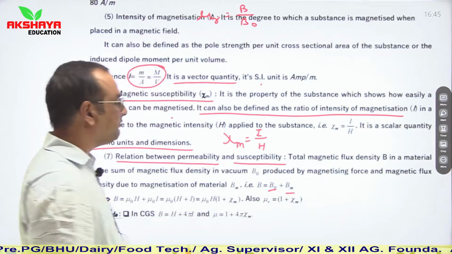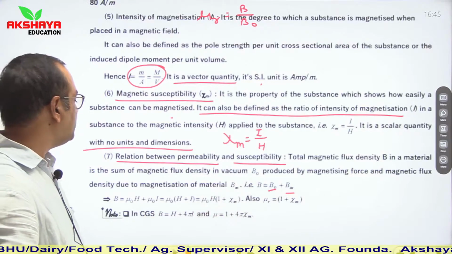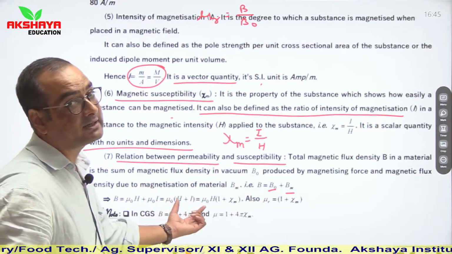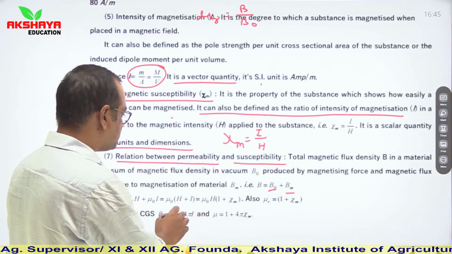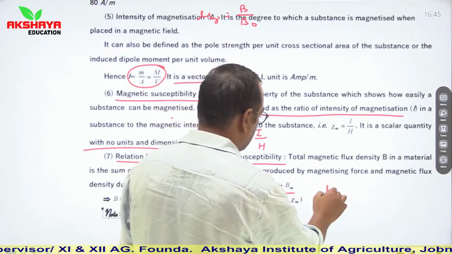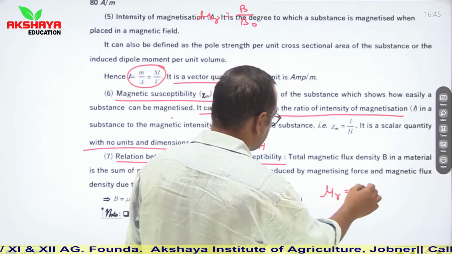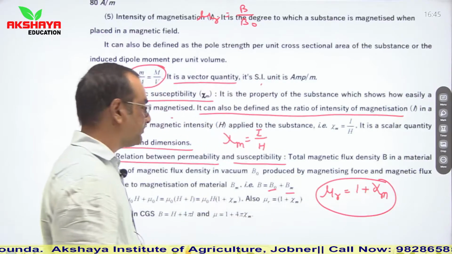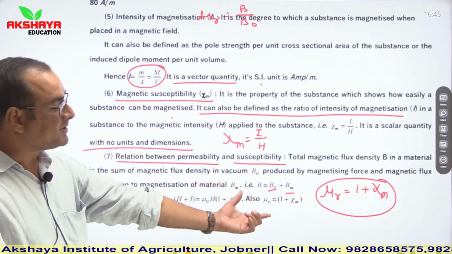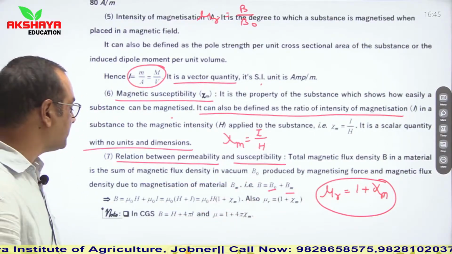B naught is the magnetic field in vacuum and Bm is the magnetic field due to magnetization of the material. So here we can establish a relation: mu r is equal to 1 plus xi m. Mu r is relative permeability, xi m is magnetic susceptibility.